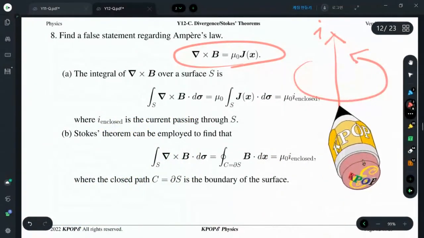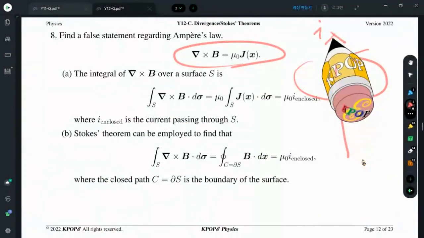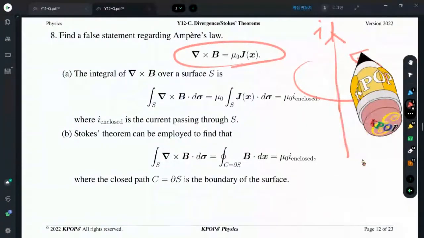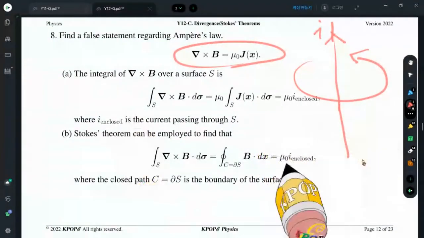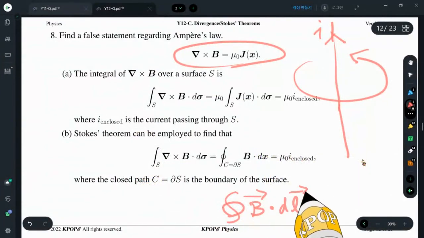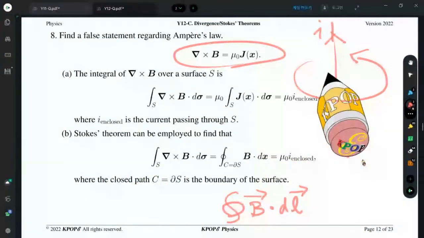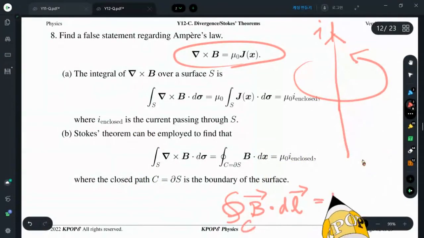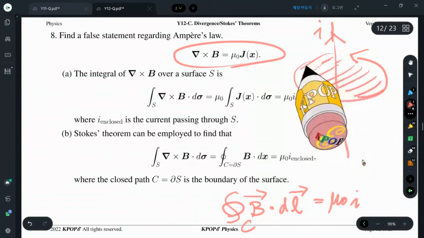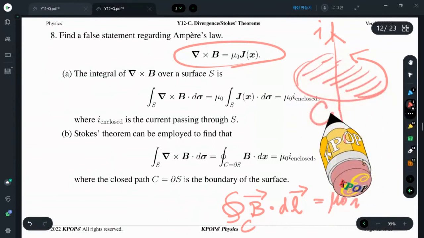The magnetic field is rotating about a straight wire carrying a current I. Ampere's law is: the magnetic field integrated over a closed path is mu 0 I, where I is the net current enclosed by the closed path. We make use of Stokes' theorem to prove this.